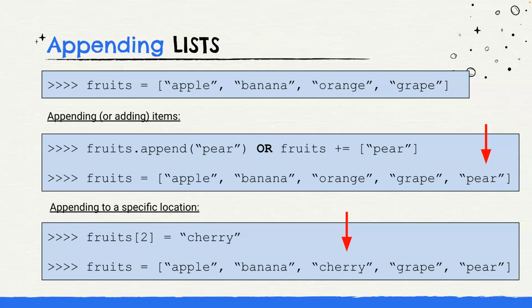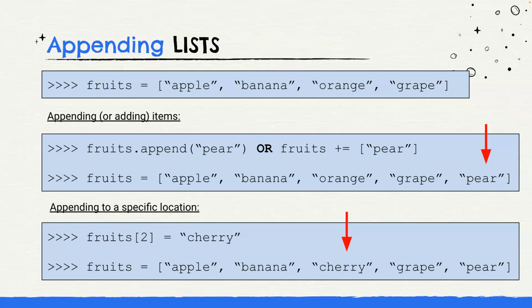Another place you can think about using this is in loops. If you have an empty list, every iteration of your loop, you can add something to the list, which is super helpful, especially for collecting data. As we do harder and harder problems, you'll start to see the importance of being able to manipulate lists with append.